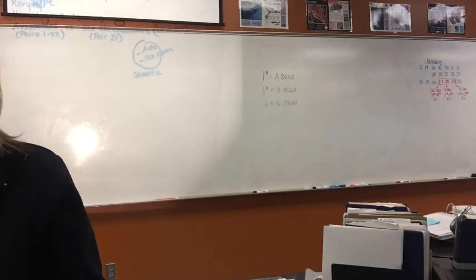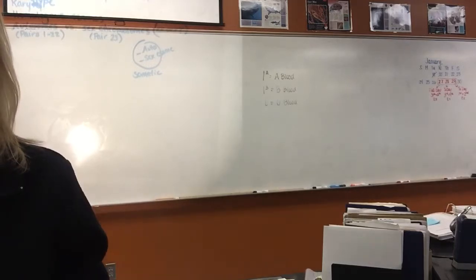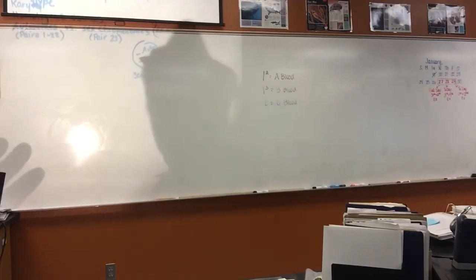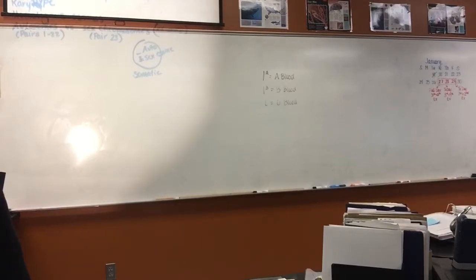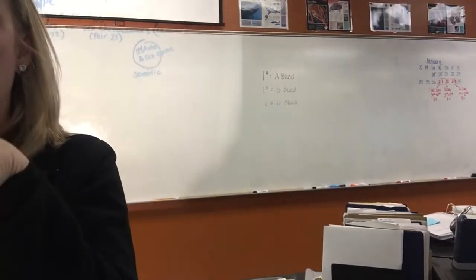How many total chromosomes should be in the cell? 46, right? How many sex chromosomes do you have? 2. So that means how many autosomes do you have? 44. All right. And so you see that the somatic cell is the cell. Autosomes and sex chromosomes are talking about the chromosomes within those cells.